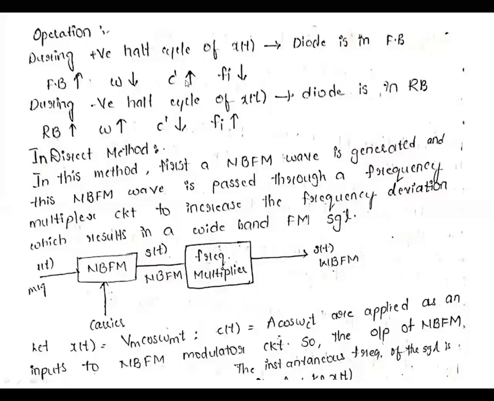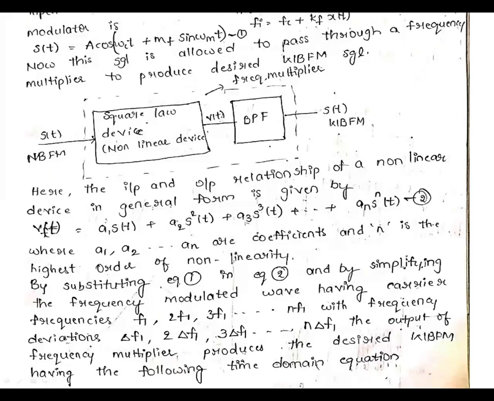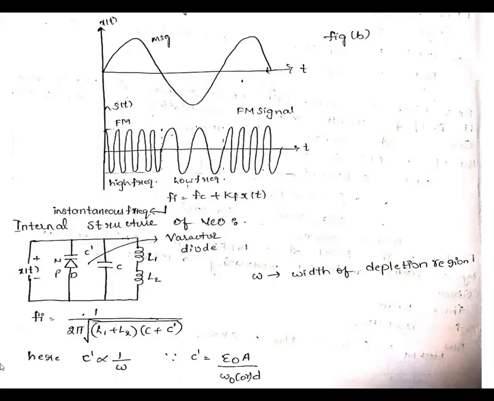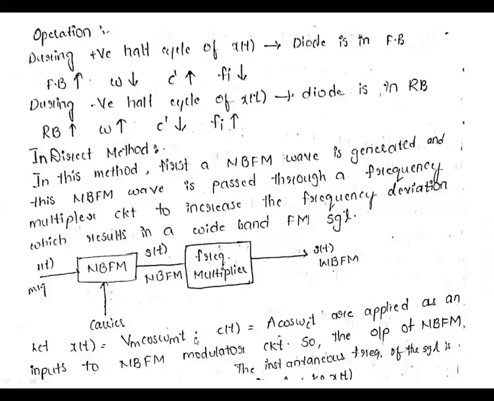When C dash increases, what about Fi? Fi is the instantaneous frequency, which is inversely proportional to C dash. That is Fi = 1 by 2 pi root of (L1 plus L2) and (C plus C dash). So now Fi decreases.